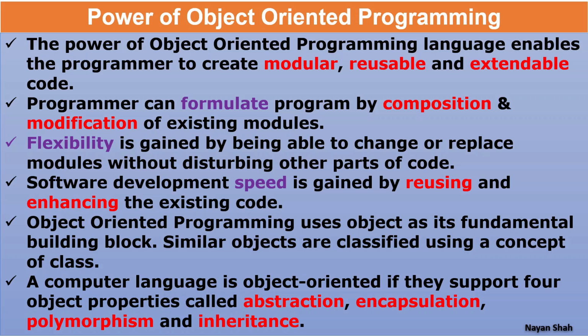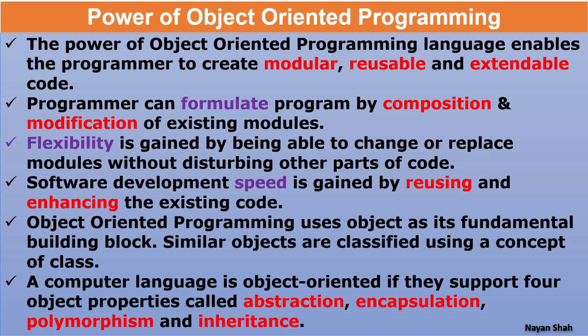Because of these three, modularity, reusability, and extendability, the object-oriented programming category of languages is very popular. A programmer can formulate a program by composition and modification of existing modules. It is allowed to modify or even combine existing modules which are created.